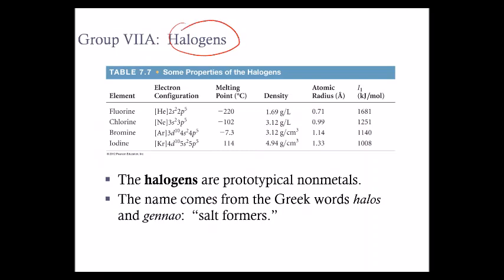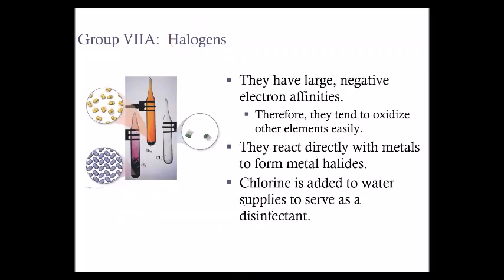Halogens, the most reactive nonmetal group on the table, follow similar trends to the other groups, and I'm pointing some of those out to you. They are salt formers, of course, because they'll form those anions and be part of the compound. They have very large, negative electron affinities because they want to gain that extra electron to reach the noble gas configuration.